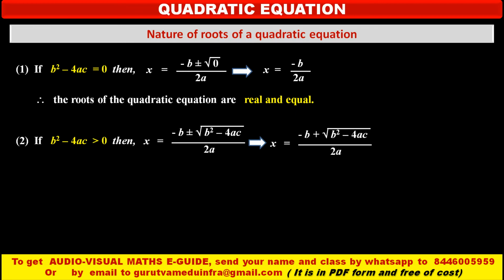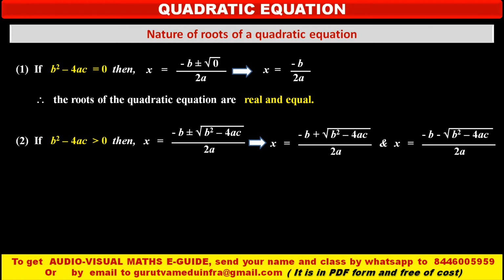First value is x is equal to minus b plus under square root b square minus 4ac upon 2a, and second value is x is equal to minus b minus under square root b square minus 4ac upon 2a. In this case we will get two different values, because in the first value there is addition of the first two terms and in the second value there is subtraction.